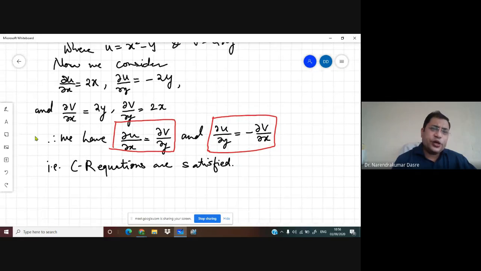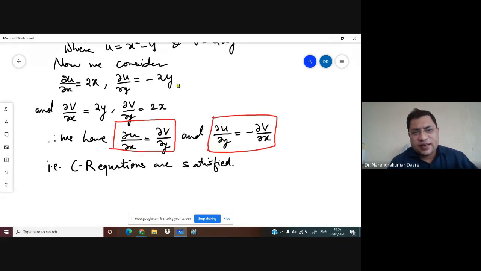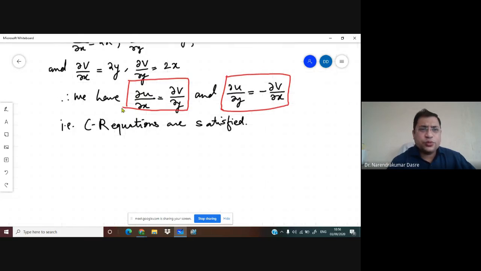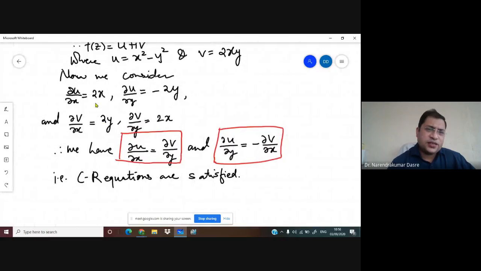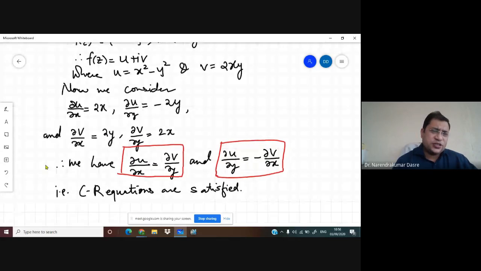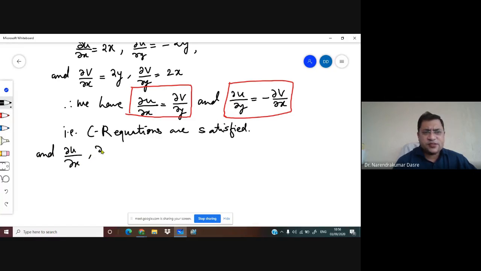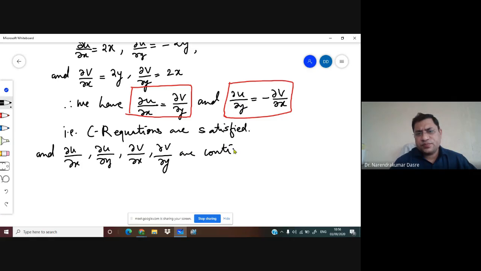So this is how you need to identify directly what this function is going to be and why it is going to be continuous. So yes, these functions are continuous. So ∂u/∂x, ∂u/∂y, ∂v/∂x, ∂v/∂y are continuous.